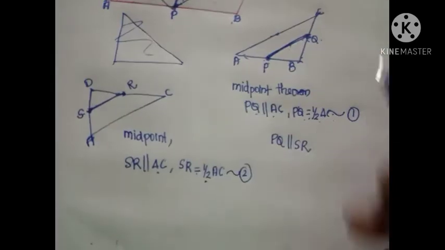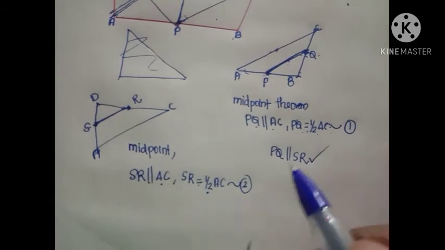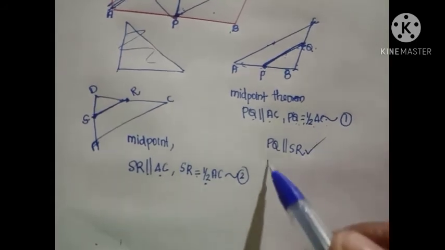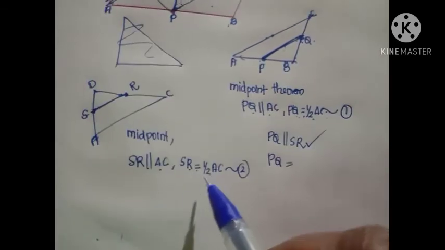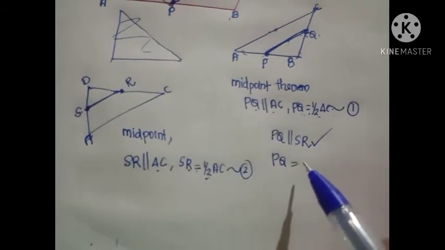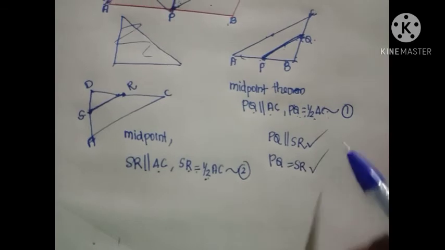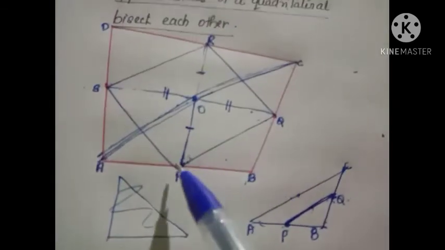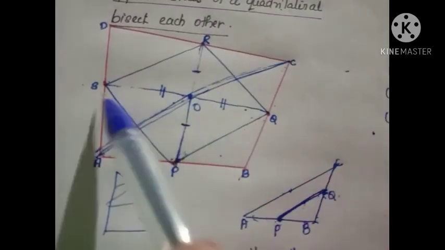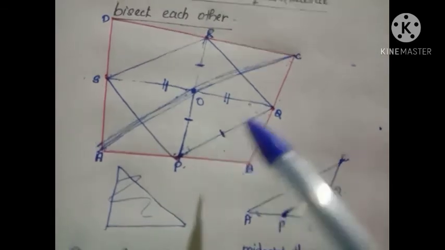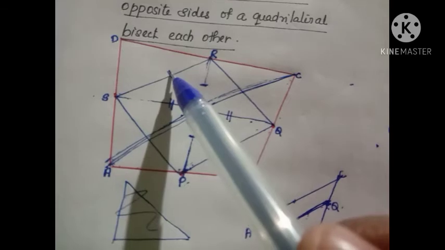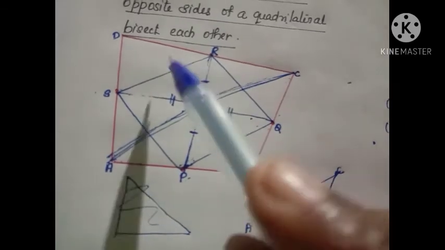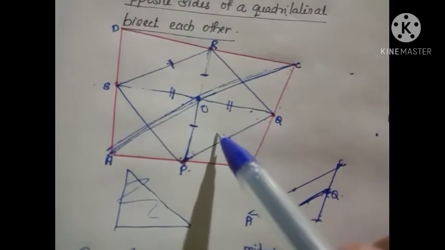So PQ is parallel to SR. Now listen, PQ is equal to half of AC and SR is equal to half of AC. So PQ is equal to SR. So in this quadrilateral PQRS, PQ is equal to SR and PQ is parallel to SR.